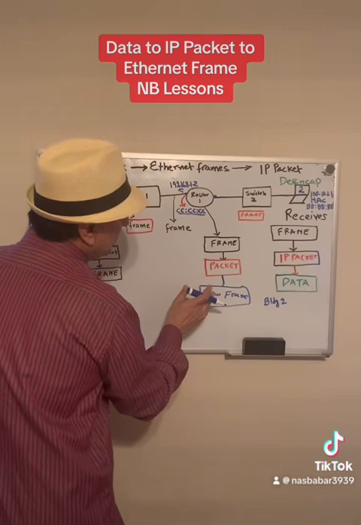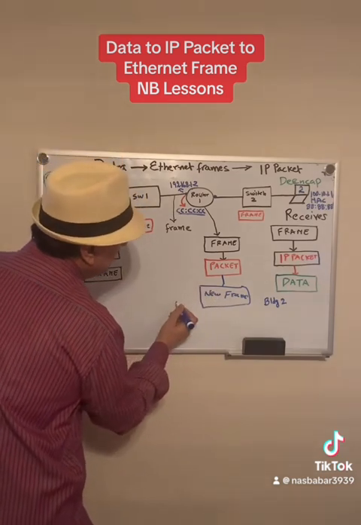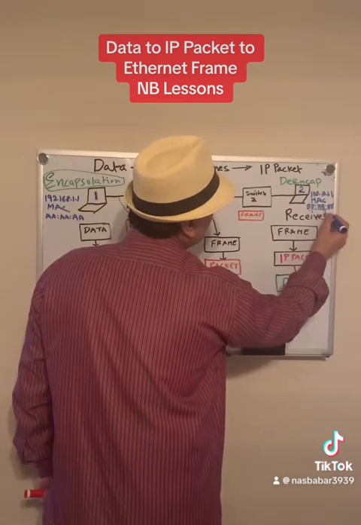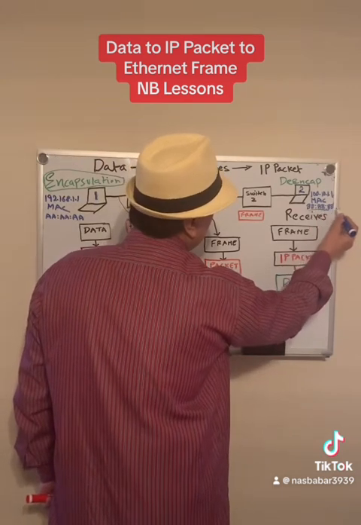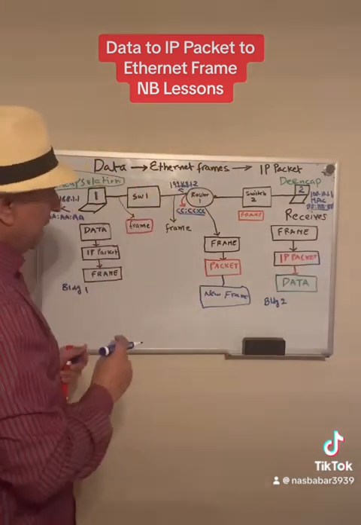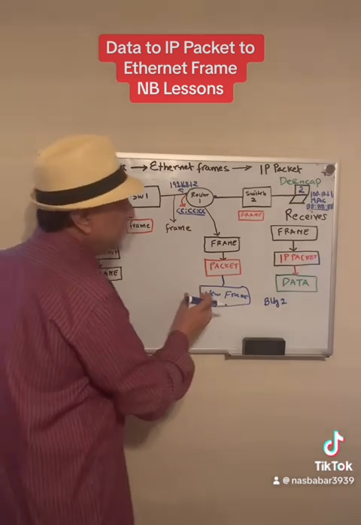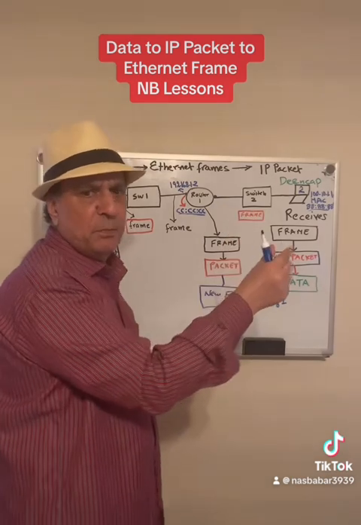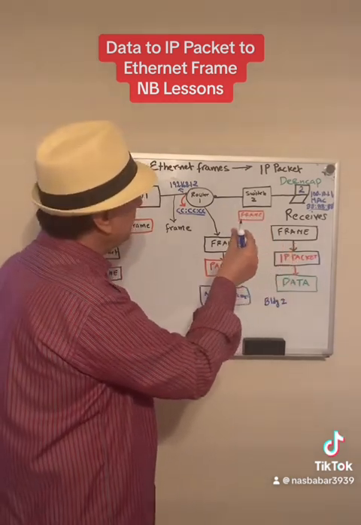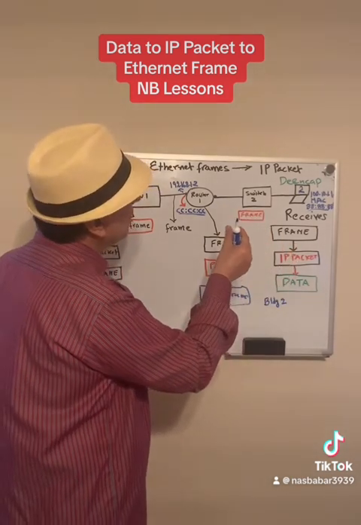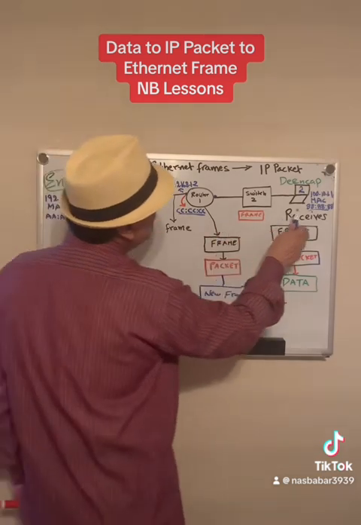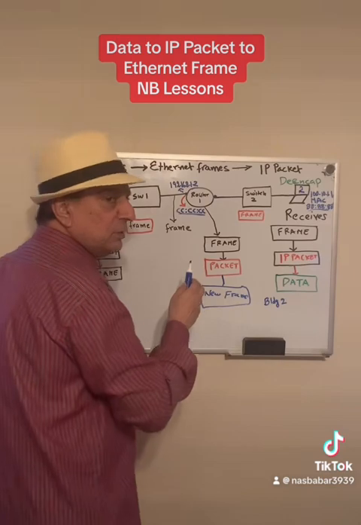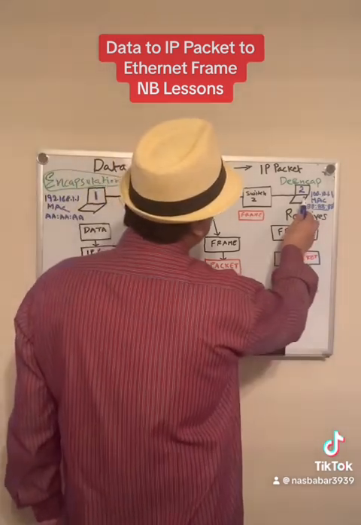So it creates a new frame which will have this destination MAC address BB. Then this new frame goes on to switch 2. Switch 2 opens up the frame and says, oh, it has the MAC address BBBBBB. I know what to do with it. So it sends it to laptop number 2.